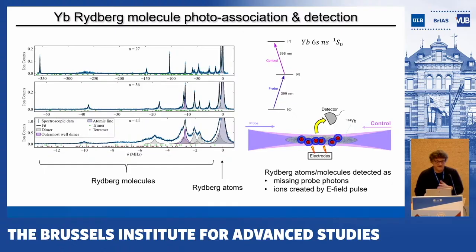But if we find, by coincidence, a pair of atoms at the correct distance to each other to form such a bound ultra-long-range molecular state, we see additional peaks in a photo-association spectrum shifted by the binding energy. So what's missing in photon energy we have to send in is the binding energy in the molecule. And if you look at the scale, these are really binding energies on the megahertz scale.